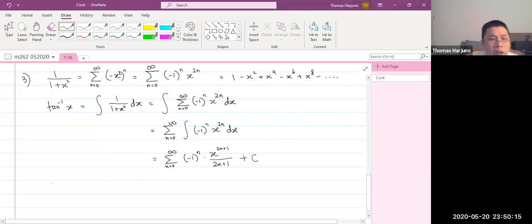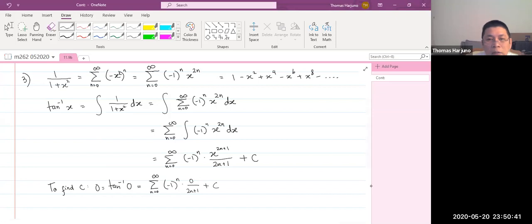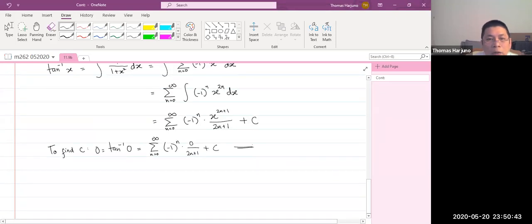Okay, now to find c, I let my tangent inverse 0, which is known to be 0, equal to the summation of 0 over 2n plus 1 plus c. So from there we find out that c equals 0 again.